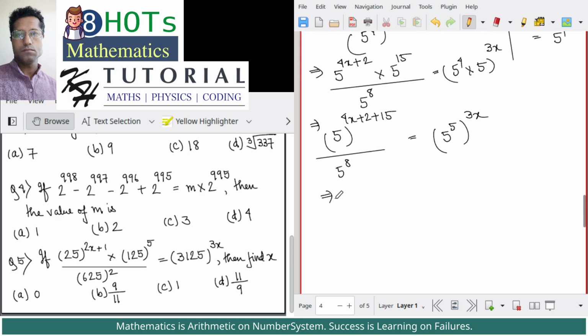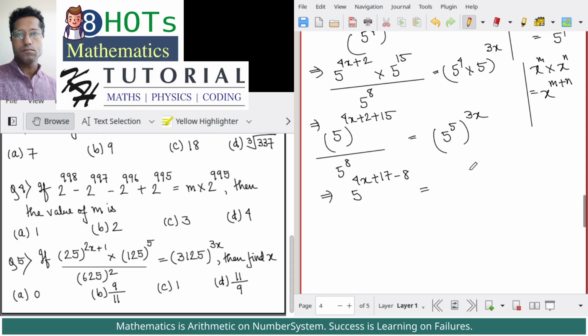So these laws of exponents were applied. Now the LHS will be, in the numerator, the power 4x plus 2 plus 15, which is 4x plus 17, and we will have minus 8, because in the denominator we have 5 to the power 8.